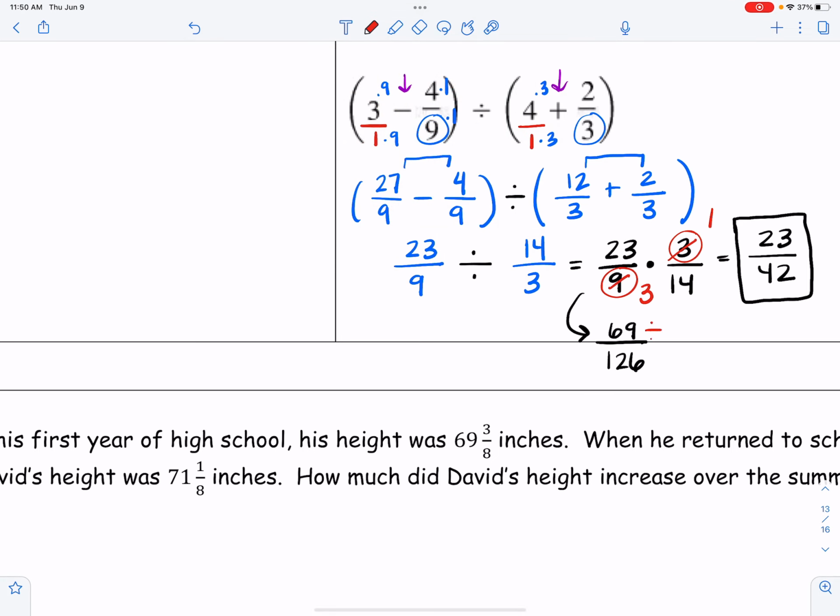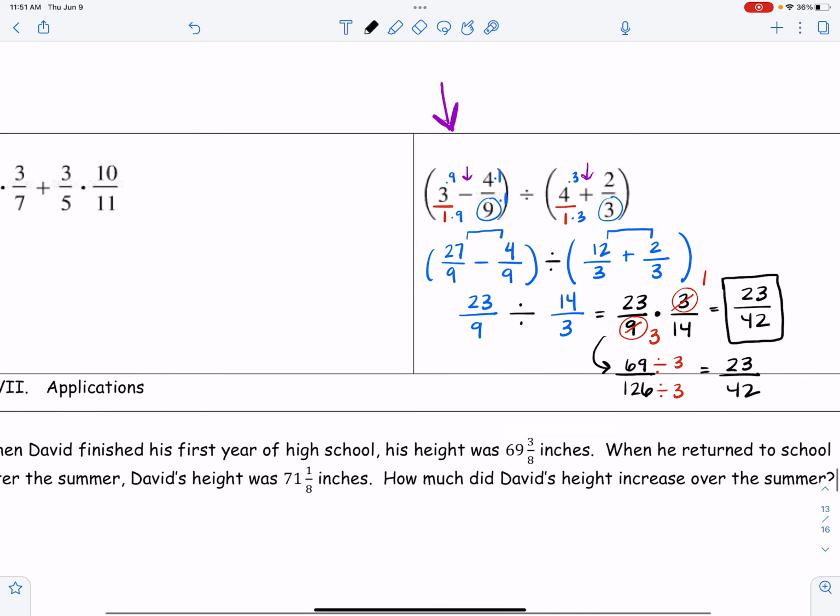But once you find it, each of these are divisible by 3. And when you simplify this fraction, 69 divided by 3 is 23. 126 divided by 3 is 42. And so notice I'm getting to the same place. It's just, one I simplify when I'm multiplying. The other I simplify when I get to the end. Either one is okay.